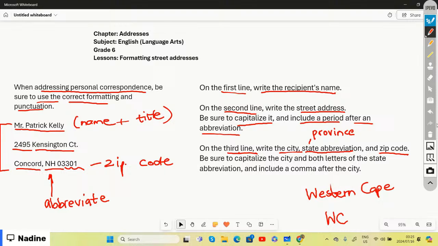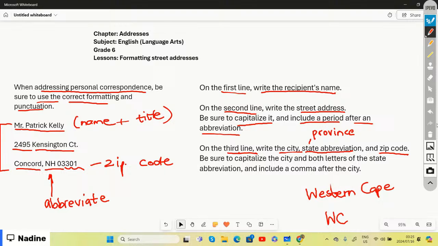It depends on the specific countries what they use, but I know in our country, South Africa, we have 9 provinces. So we go according to our provinces.